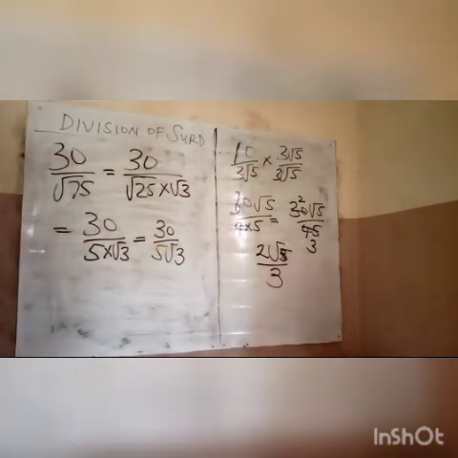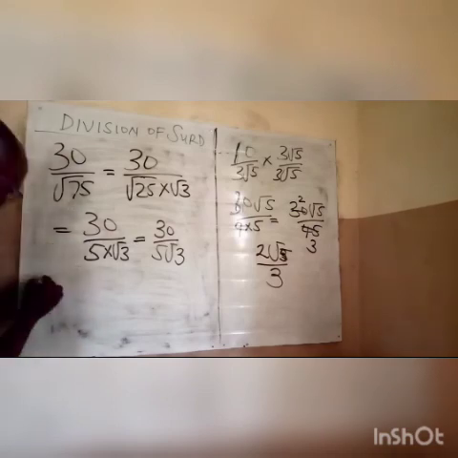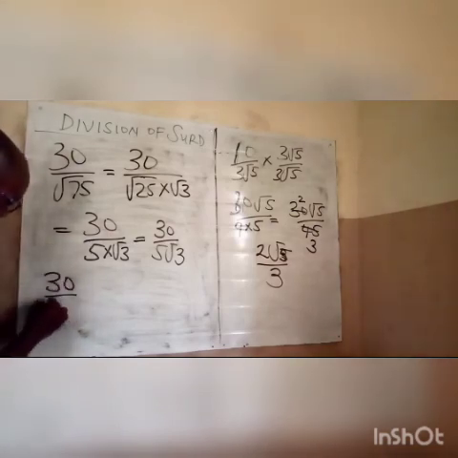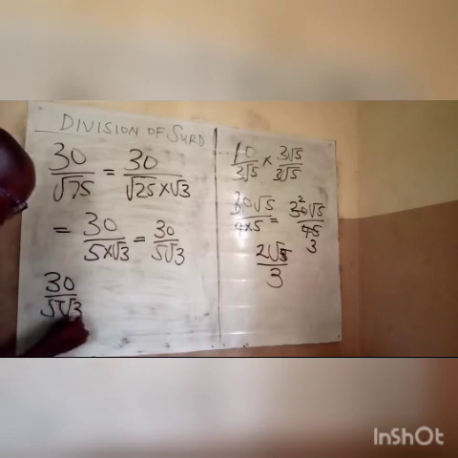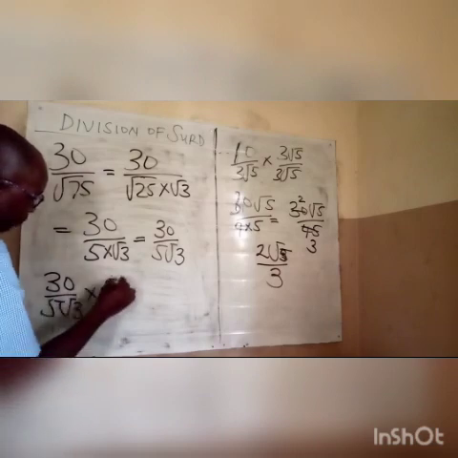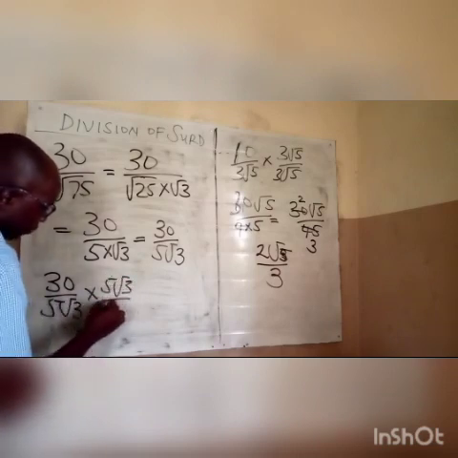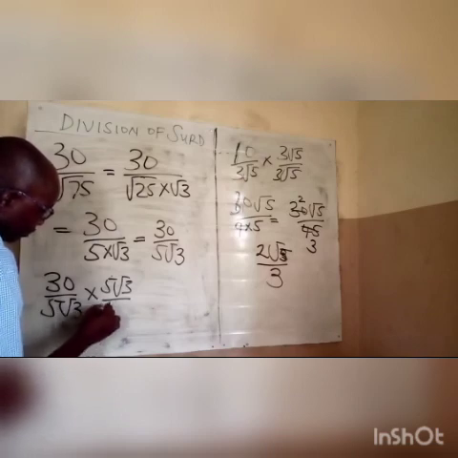At this point, you can rationalize. When you rationalize, you now have 30 over 5 root 3 times root 3 over root 3.